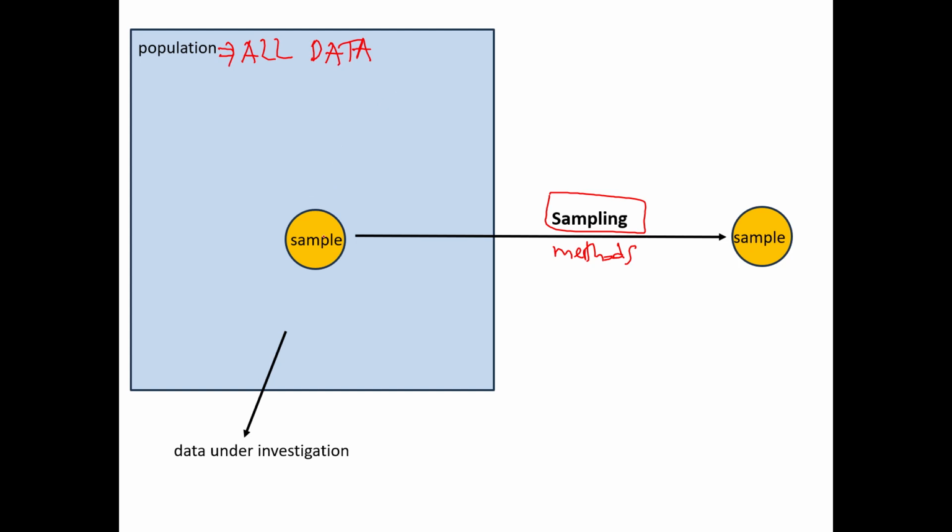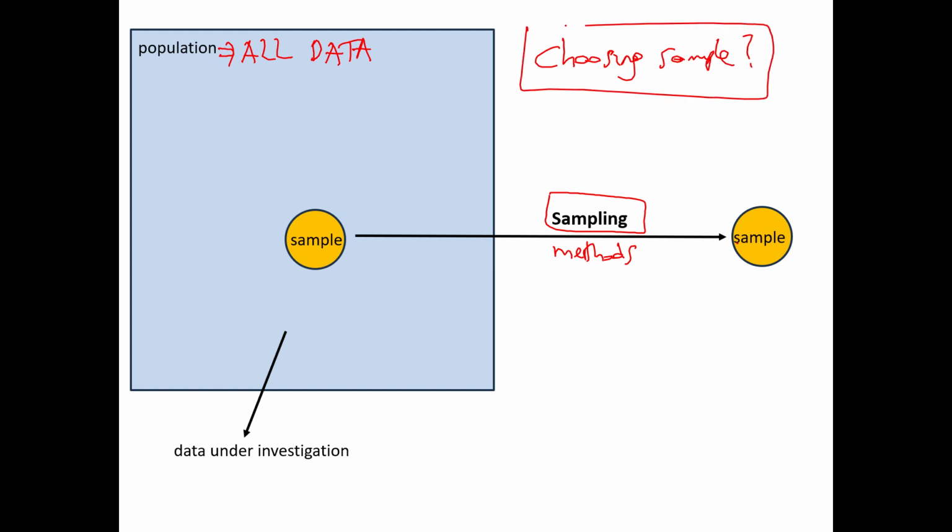You never check all the data, but you go with a part of it, do a sampling, and choose your sample. And choosing a sample is also a big job. It is not easy, it is hard. How do we choose a sample? That's another part of the process.